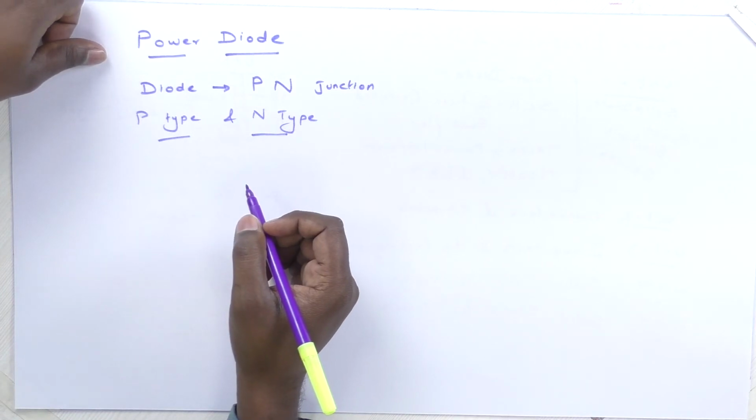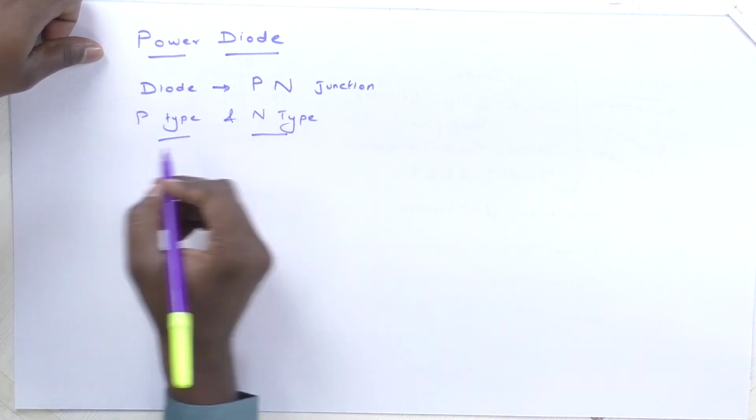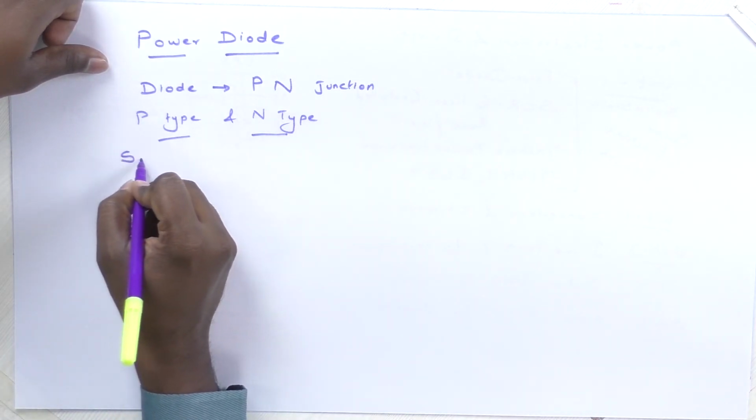So you can take this as a homework, but at the same time, I'll give you an explanation over here. You can also study yourself what is meant by P-type and N-type. You might have studied in your high school physics what it means by P-type. So usually, this is a semiconductor device.